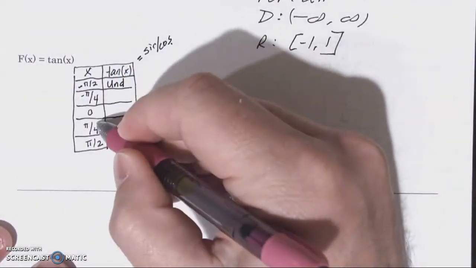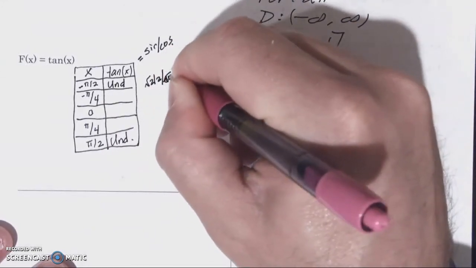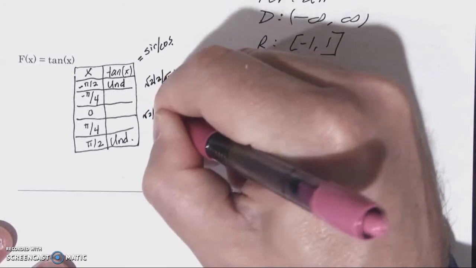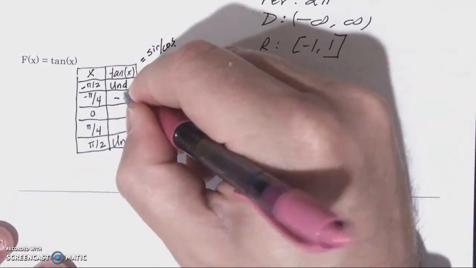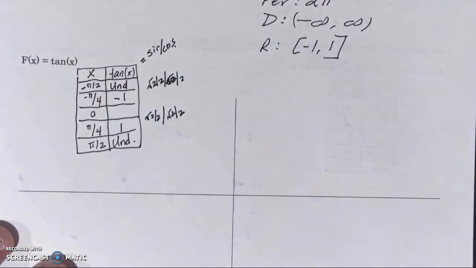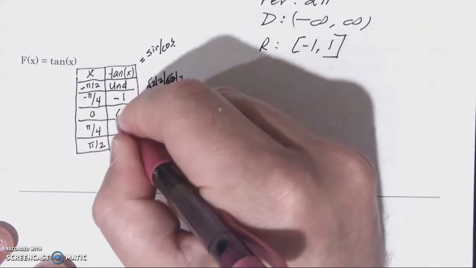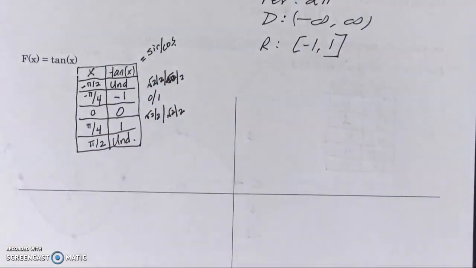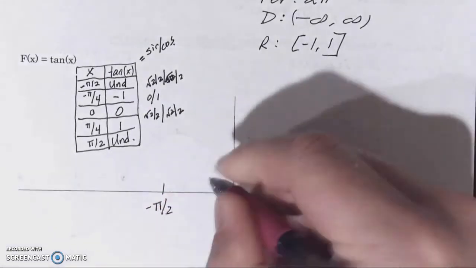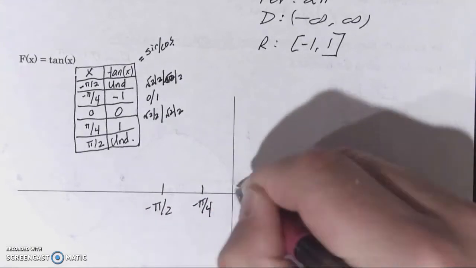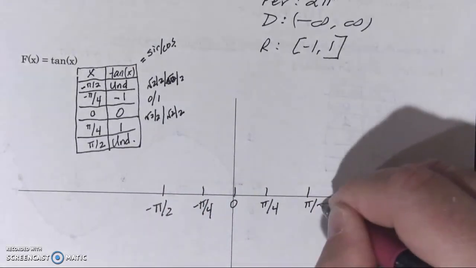At the pi over 4s, remember sine is root 2 over 2, cosine is root 2 over 2. Okay, so tangent would be -1 here and +1 there. At 0, sine is 0, cosine is 1, 0 divided by 1 is 0. All straight from our knowledge of the unit circle. Okay, so we'll go -pi over 2, -pi over 4, 0, pi over 4, pi over 2.